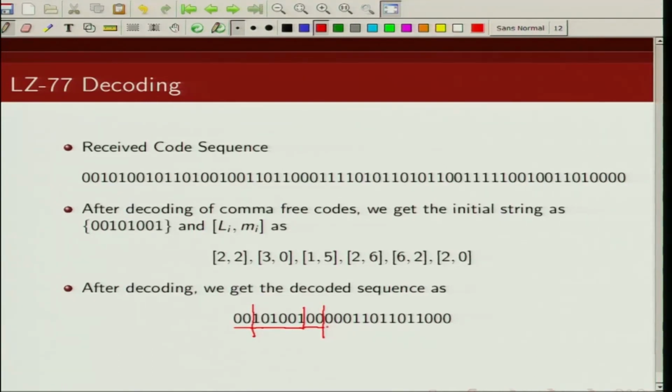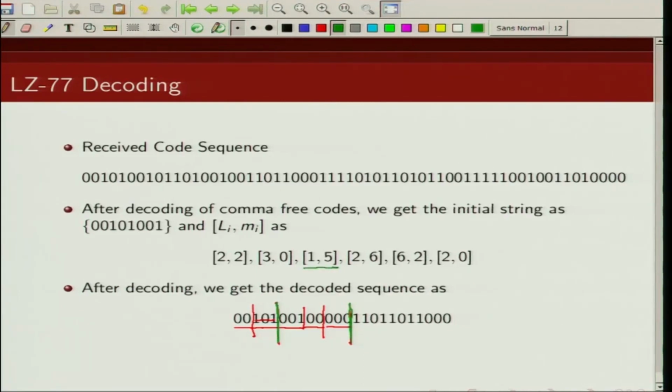Similarly, we found out that the next match y2 was 0 0 0, so we got rid of the next 3 bits and this was our new dictionary. Now this process is going to be continued for the remaining.